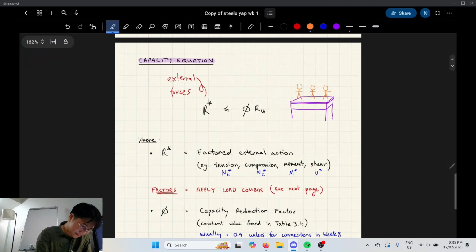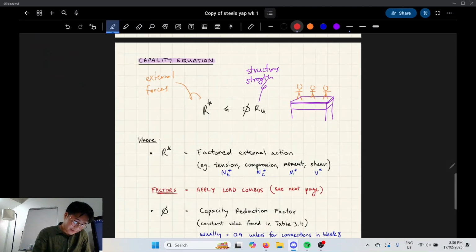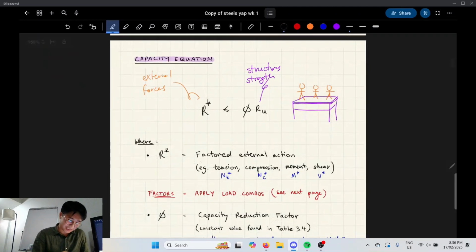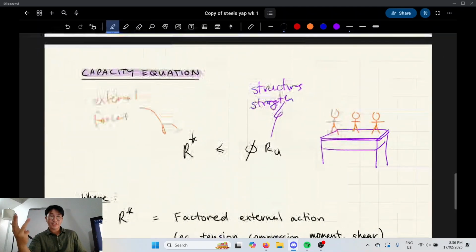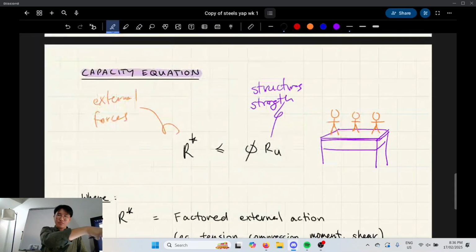And this is your structure's strength, essentially. You guys have heard this analogy before, I apologize. But imagine there's 3 tradies on some scaffolding. The 3 tradies are your external forces. They're the weights that push down on your structure, and the scaffolding is the structure.